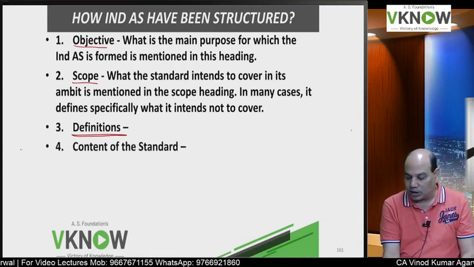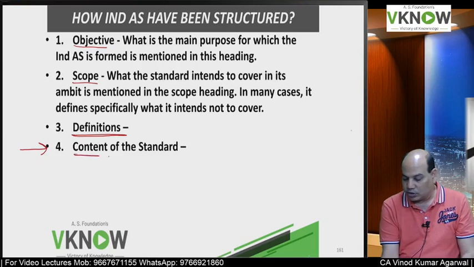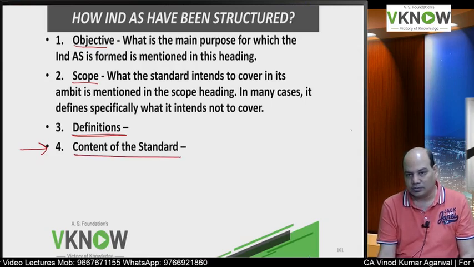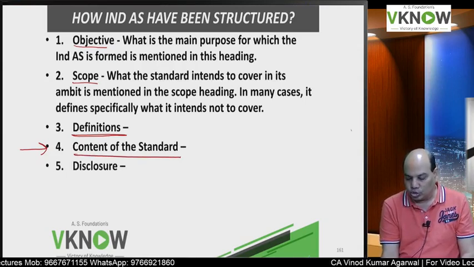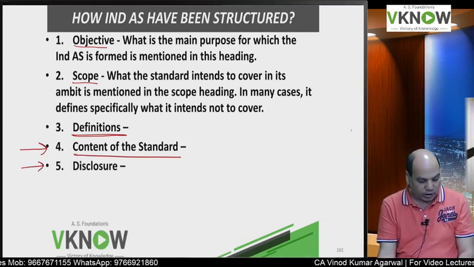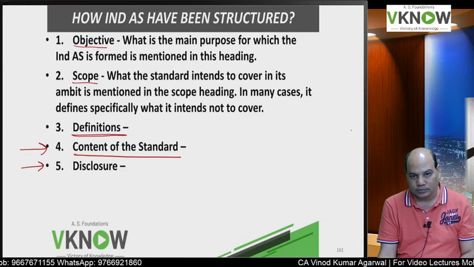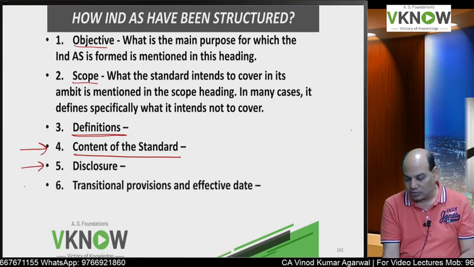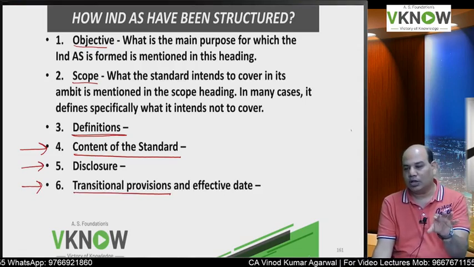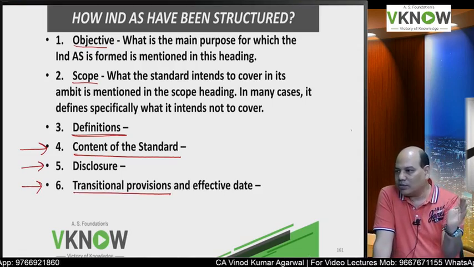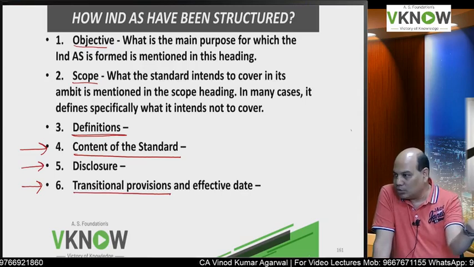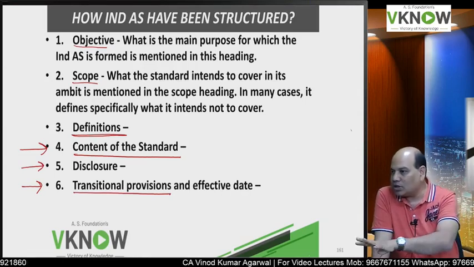The fourth part is the main part, which is the content of the standard, where all the provisions of the standard will be there. Usually the standard will end with a disclosure paragraph, and sometimes there may be transitional provisions also, like in Ind AS 116 Leases, how to transit from old lease accounting to new lease accounting.